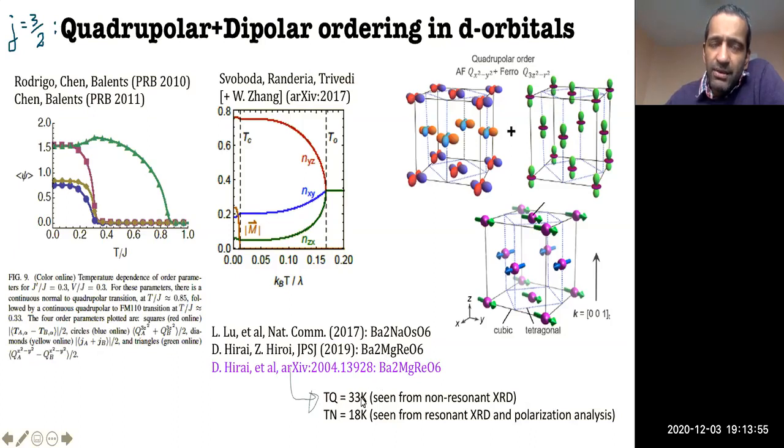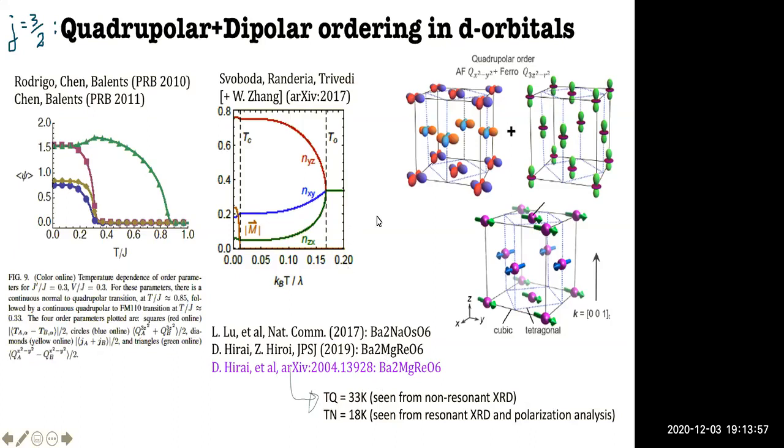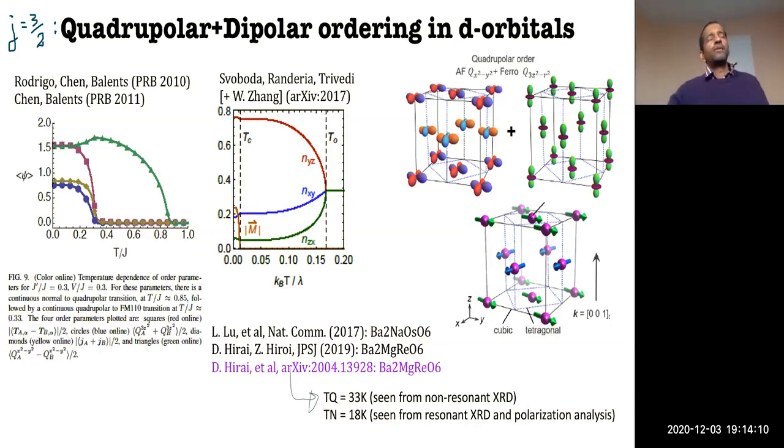And a related question then is that once the quadrupolar order sets in at around that temperature, does one see strong phonon signatures also? No, so this is something we are working on at the moment.